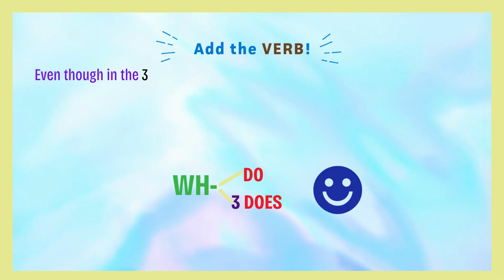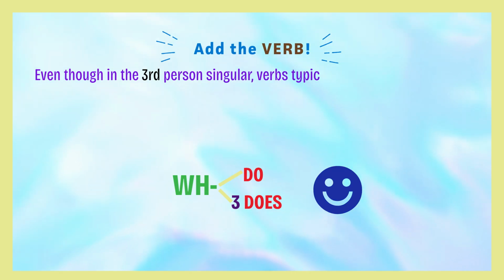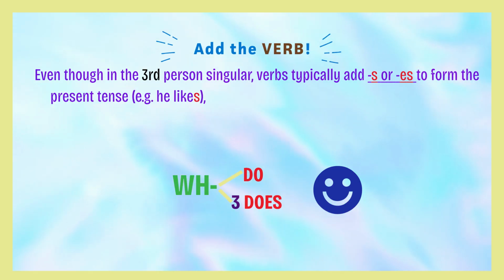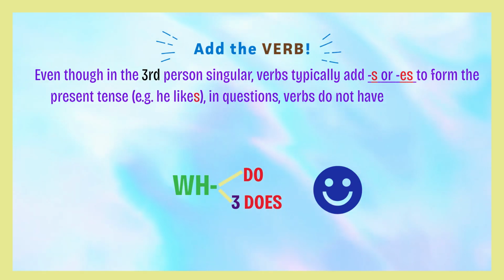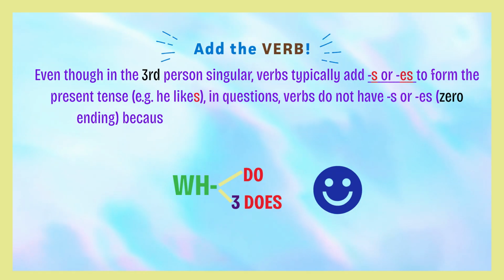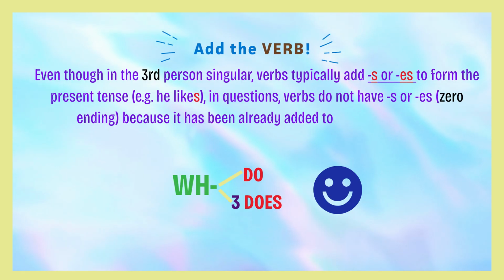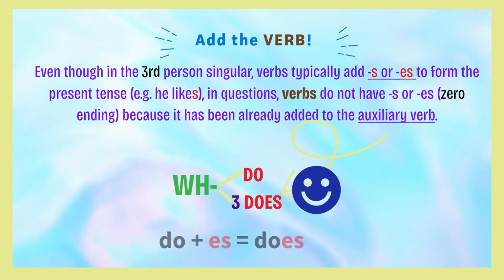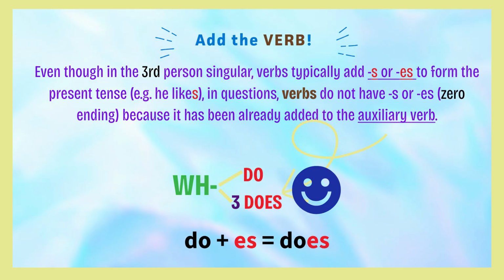Add the verb. Even though in the third person singular, verbs typically add s or es to form the present tense, for example, he likes. In questions, verbs do not have s or es, zero ending, because it has been already added to the auxiliary verb. Do plus es equals does.